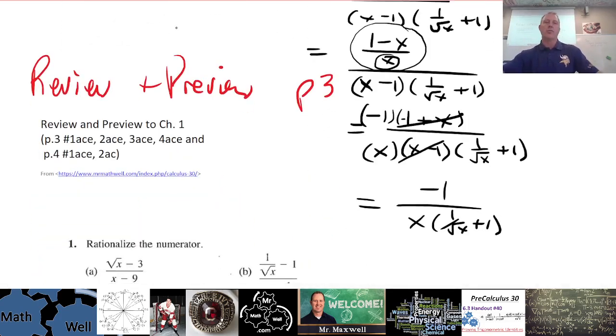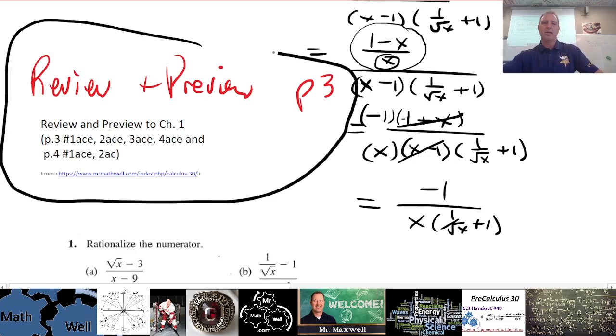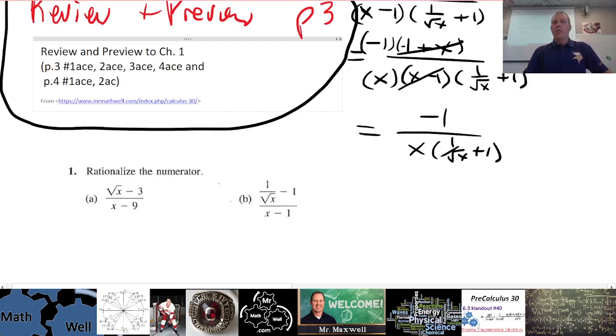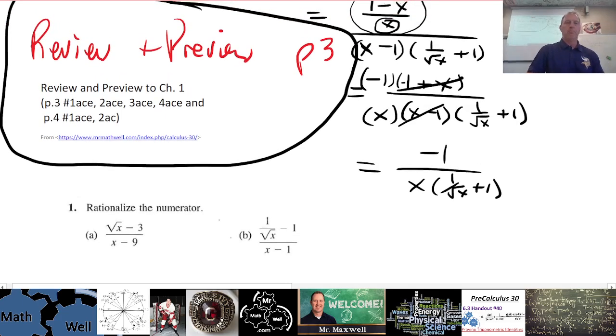Here's your review and preview, page 3. There's your full assignment. Please work on those before tomorrow, and then we'll move to 1.1 tomorrow. What's 1.1? The first section in the first chapter.